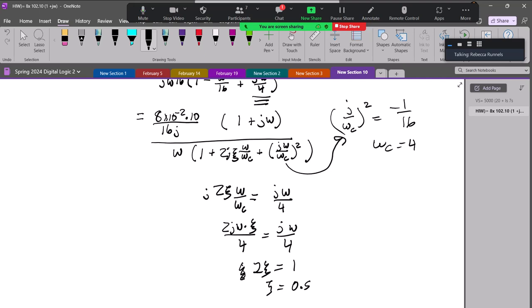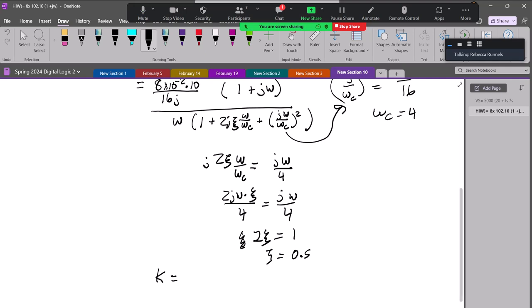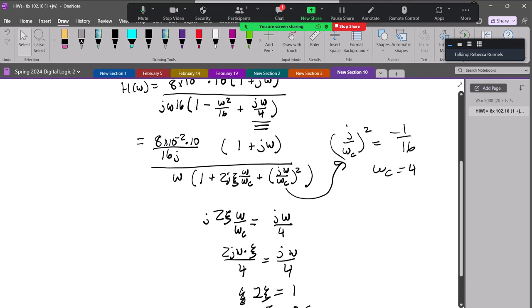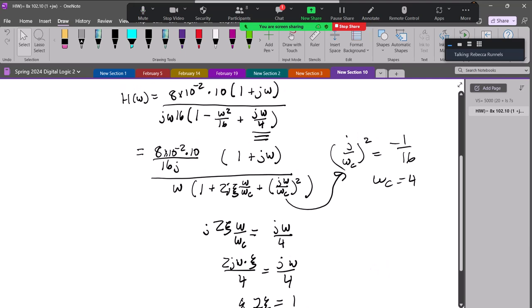So now let's figure out our constant. If we do 8 times 10 to the negative 2 times 10 over 16j, you get minus... Shouldn't the j stay down? I brought it to the top. Isn't j omega like the denominator?